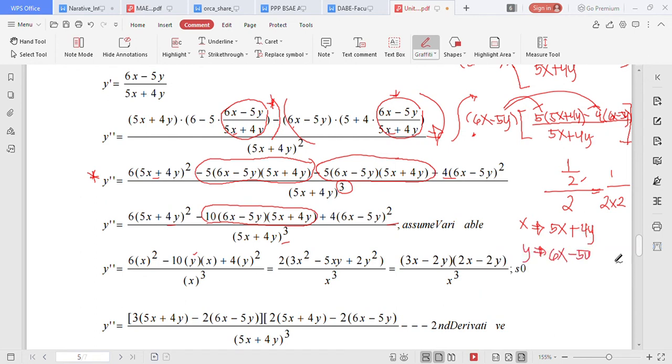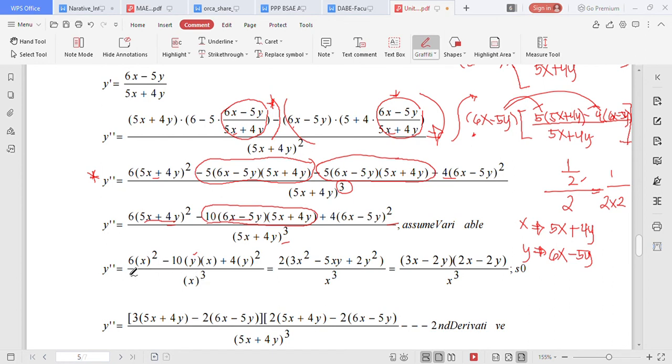Sorry. Yes, 6x minus 5y. So what we will do is, whatever has 5x plus 4y, we just make it x, and the 6x minus 5y, we just make it y.